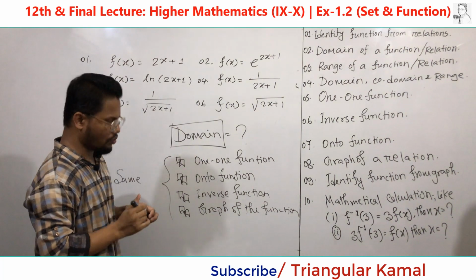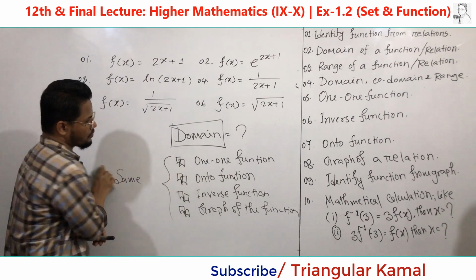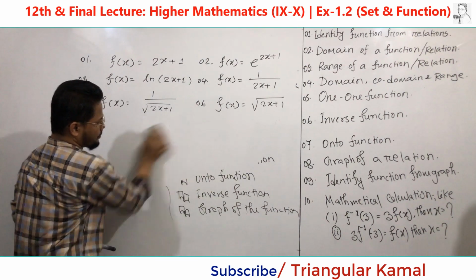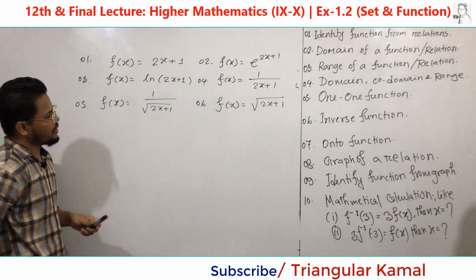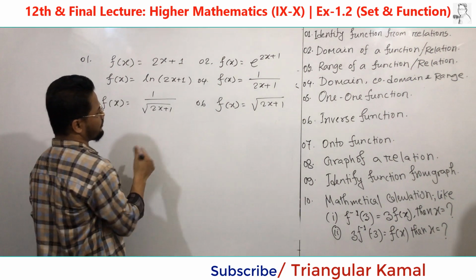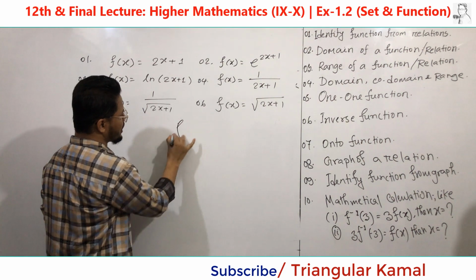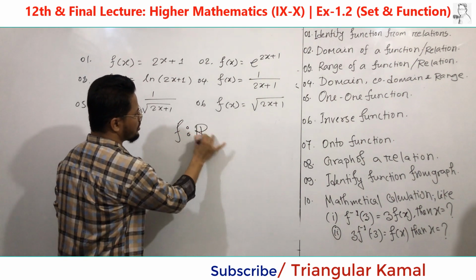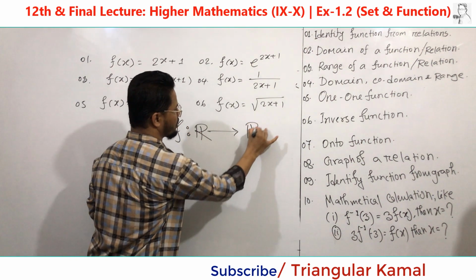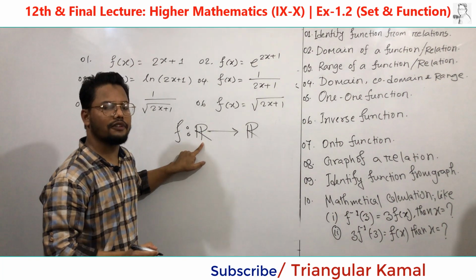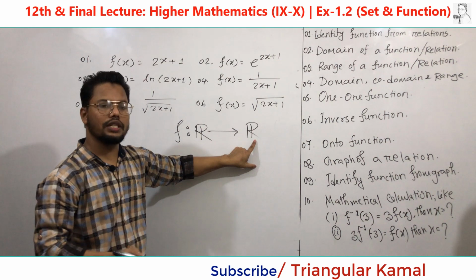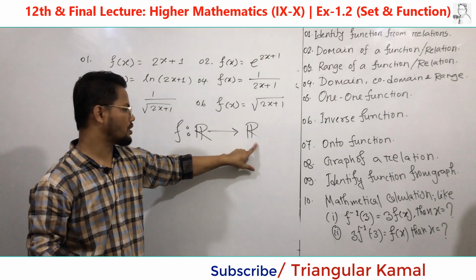Basically the domain will depend on the identification of the function. If a function is identified as real number to real number, this indicates the domain of a function, and this one indicates the range of a function.